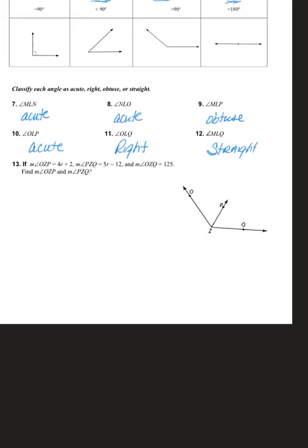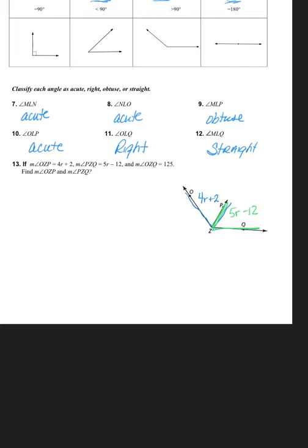All right, so last example, it gives us some information in a picture, and we are supposed to find the 2 missing angles. So it tells us that OZP is 4r plus 2. It tells us that PZQ is 5r minus 12.